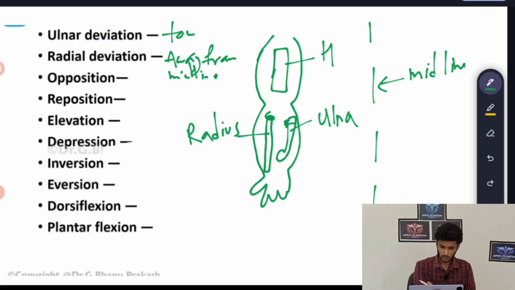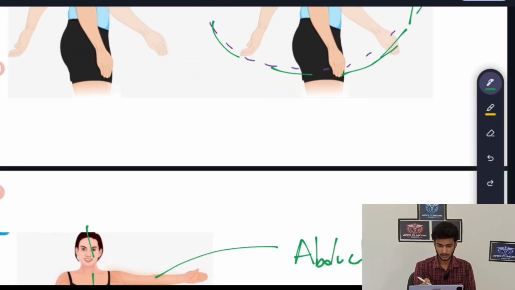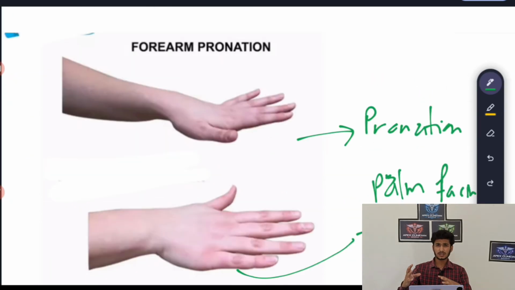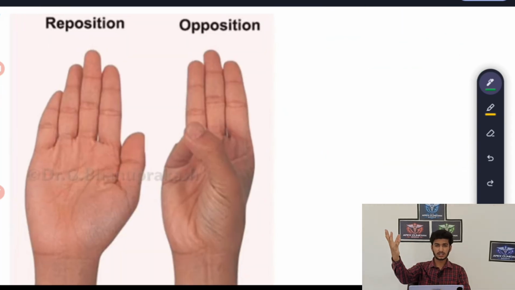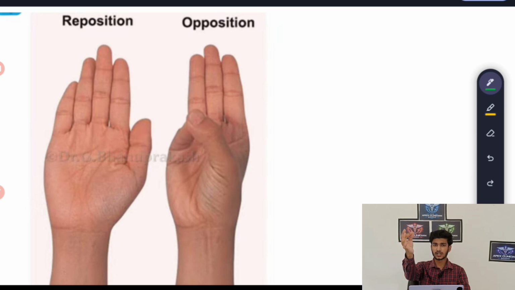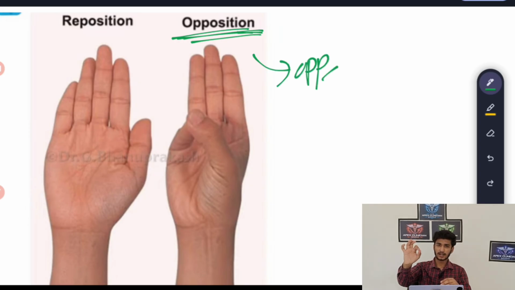Then we have another movement, that is opposition and reposition. What is opposition? You can appreciate this opposition in the image I'm showing you here. Look, whenever the thumb is trying to reach the other fingers, such as the little finger, ring finger, middle finger, index finger, it is creating a movement that is called opposition, showing opposition to all the fingers.